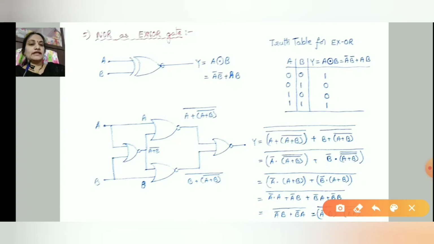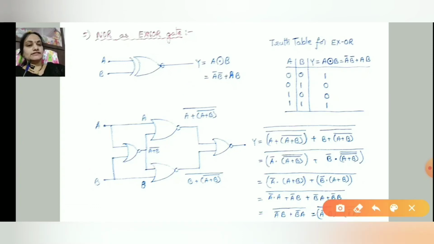Here for gate 1, A and B are the 2 inputs. Then what is the output? That is the whole complement of the inputs, that is A plus B. Again, this expression A plus B whole bar acts as the input for this second gate.